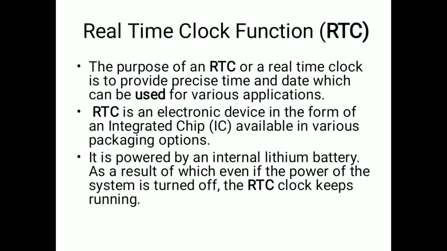All these types of functions are used for various applications, like in mobiles, laptops or computers. Similarly for PLC programming, the real-time clock function is used. Its function is to provide precise time and date which can be used for various applications.